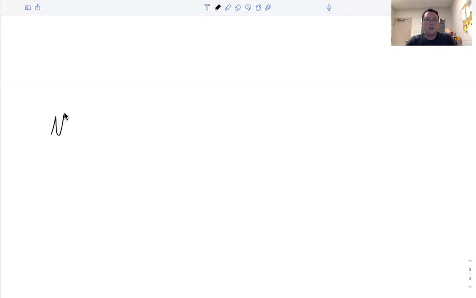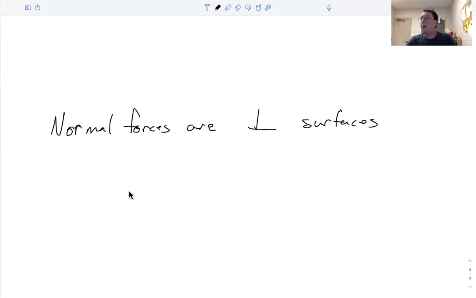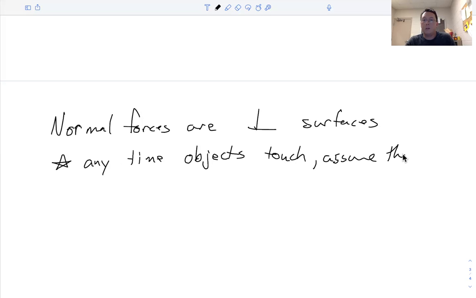Normal forces are perpendicular to surfaces, and I would say anytime objects touch, assume there is a normal force.